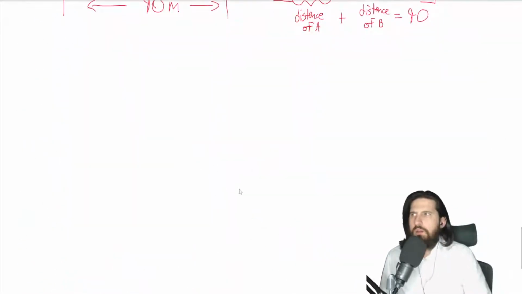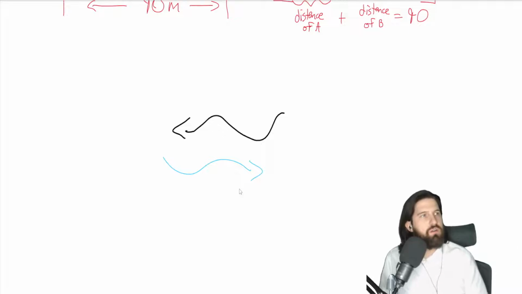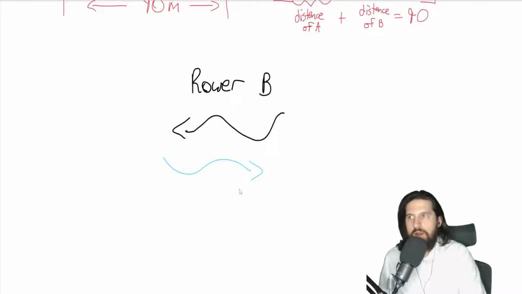So it should be slower. Yes, if I'm moving this direction and the water's moving this direction, I'm going to get slower. And so this is the situation for B. So letter A is getting faster because it's going with the water. Exactly.